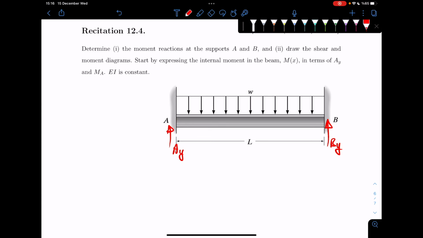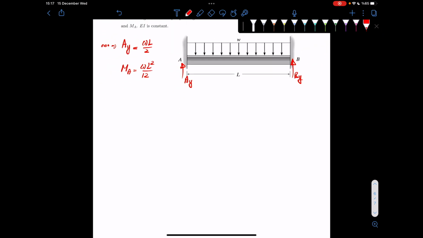Okay, and then you would write also your moment equations. And if you go through the steps, for AY you get WL over 2. For the moment at A, you get WL squared divided by 12. And if you draw your shear and moment diagrams, okay, your shear diagram looks like this.